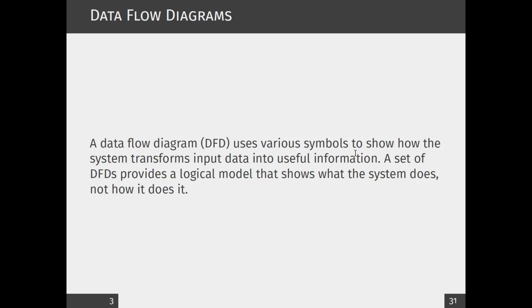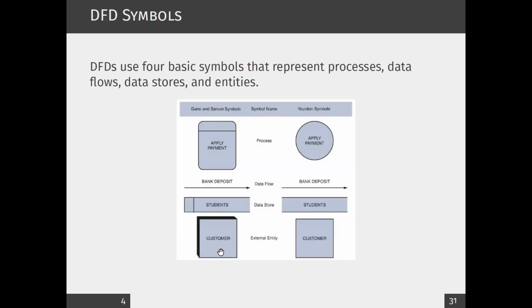This will give you a logical model of what is happening within the system, not how it is actually done. So we'll focus on a high-level workflow. Now, there are many data flow diagram symbols that are used, right?